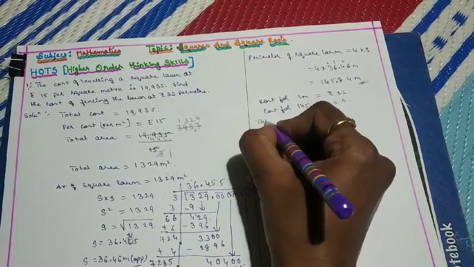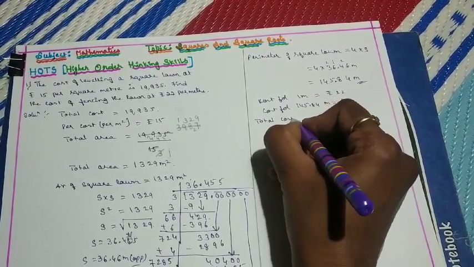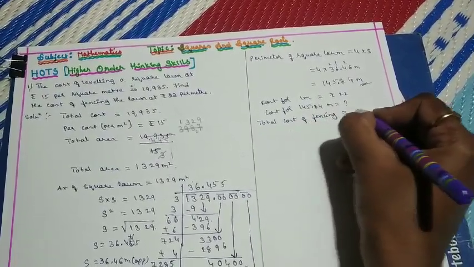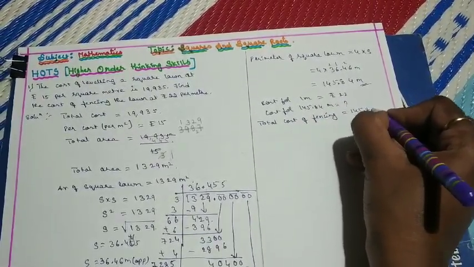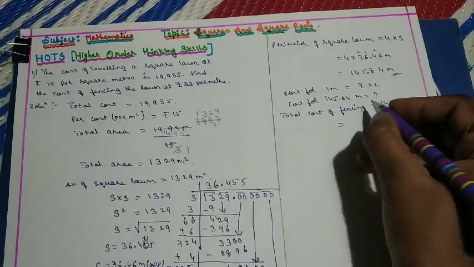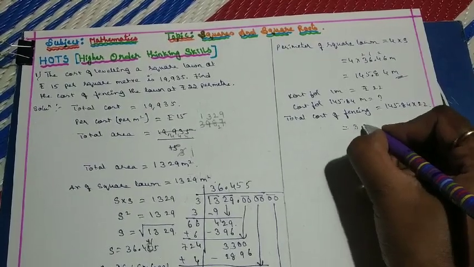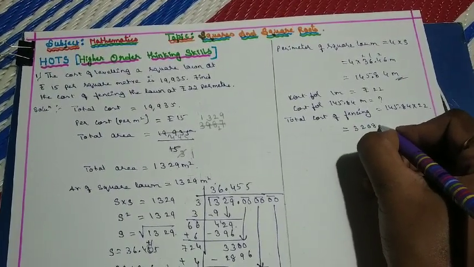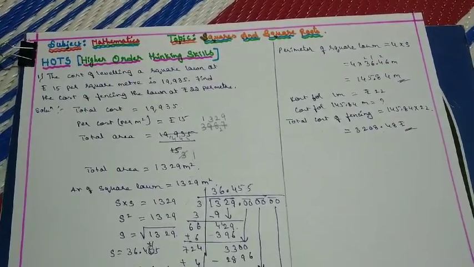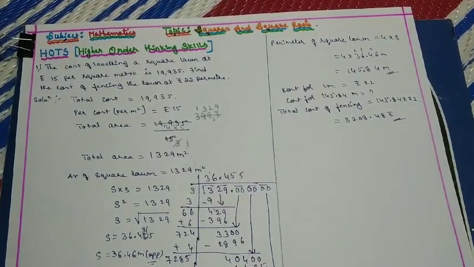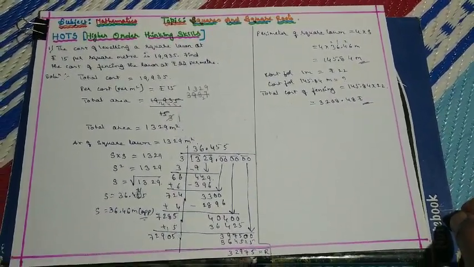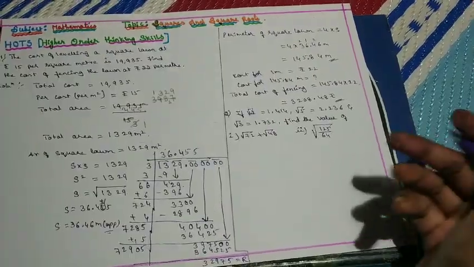Then total cost of fencing equal to 145.84 into 22 equal to, so the product I got is 3208.48 rupees, that is 3208.48 rupees. Hope this is clear for you children, right? So let me move to the second question.